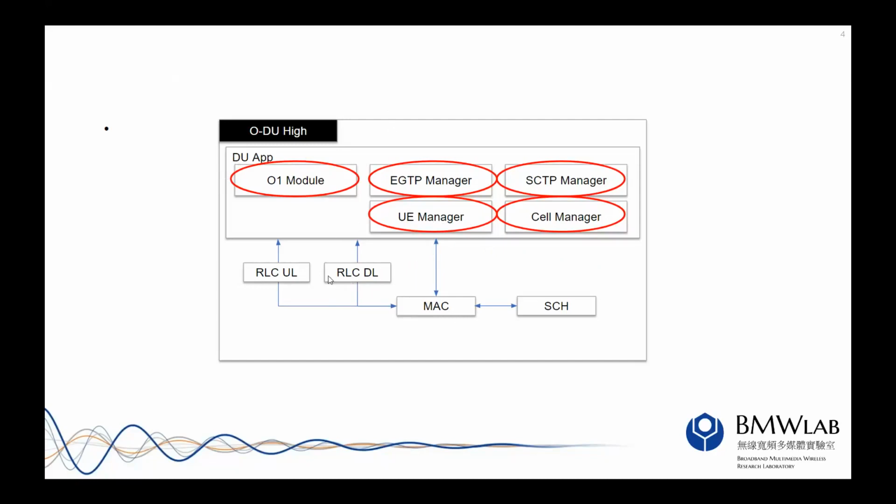We will not pass through RLC. And for the downlink part, sometimes the E2 interface will control the scheduling, so it will send a control signal down to the DU app, and the DU app will forward the signal to MAC directly. Did I answer your question? Maybe yes. Okay, thank you.